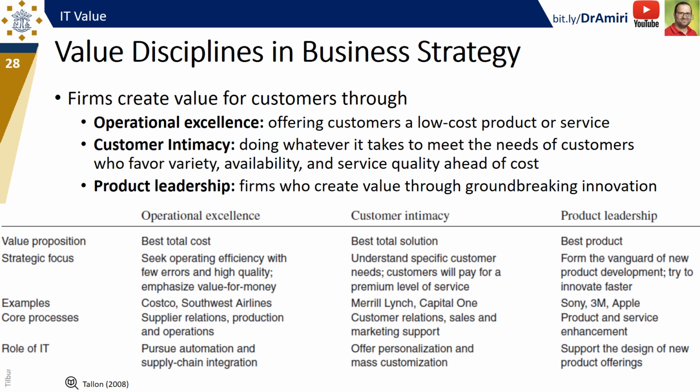So the role of IT in operational excellence is to provide automation so that the processes are as error-free as possible and executed with the lowest cost possible, and using IT to integrate the supply chain so that suppliers' business processes are integrated with our business processes to increase the speed and decrease the cost.